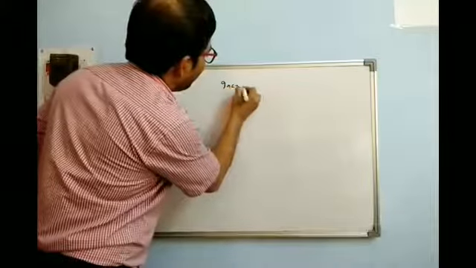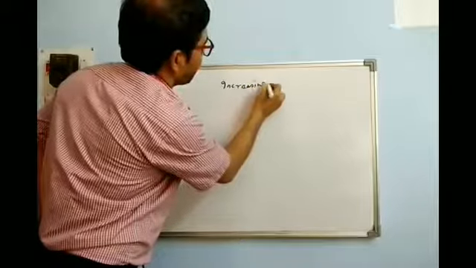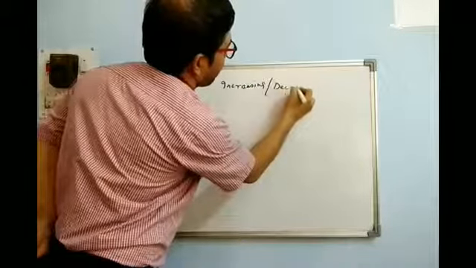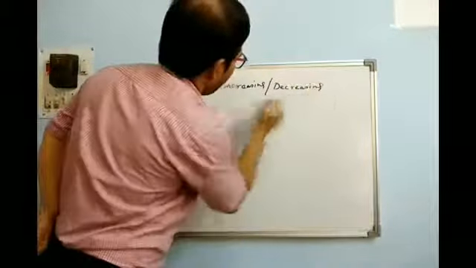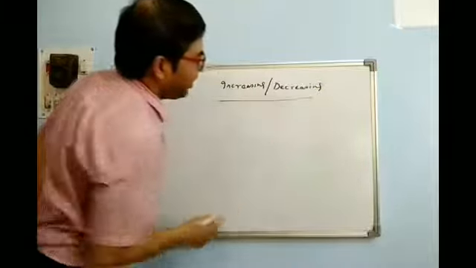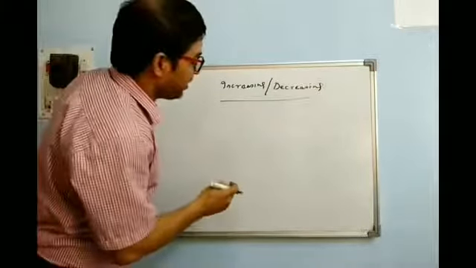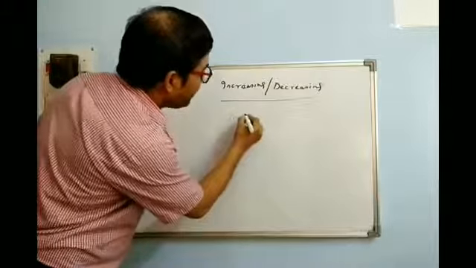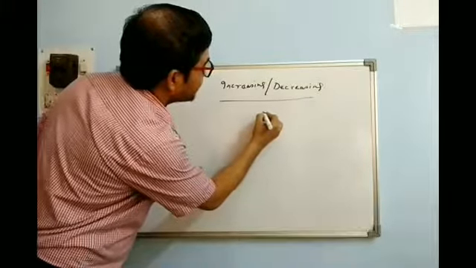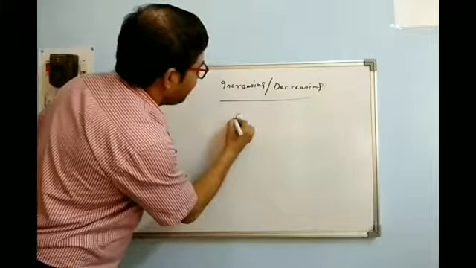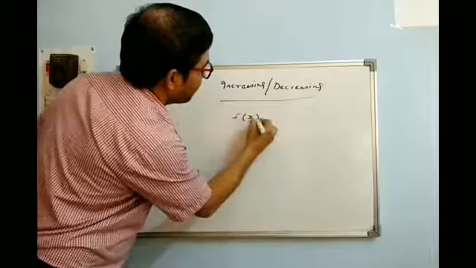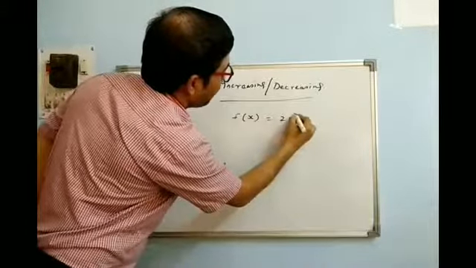Increasing and decreasing function. A function can be determined whether it is increasing or decreasing with the sign of its derivative. Suppose a function is something like 2x square plus 1.